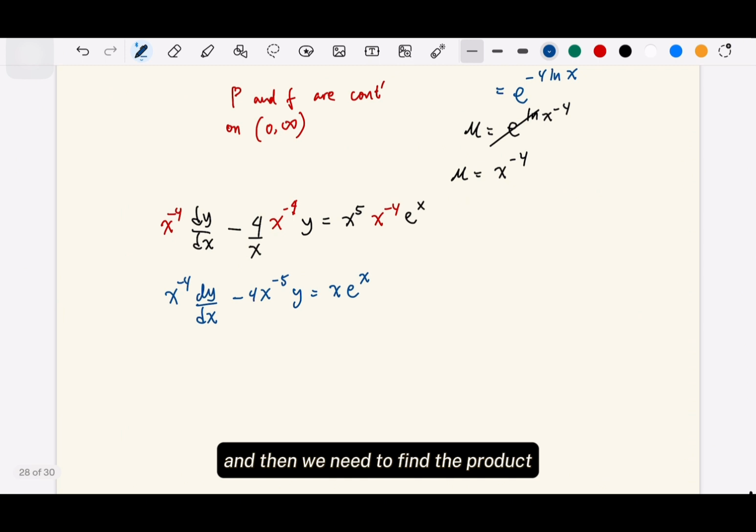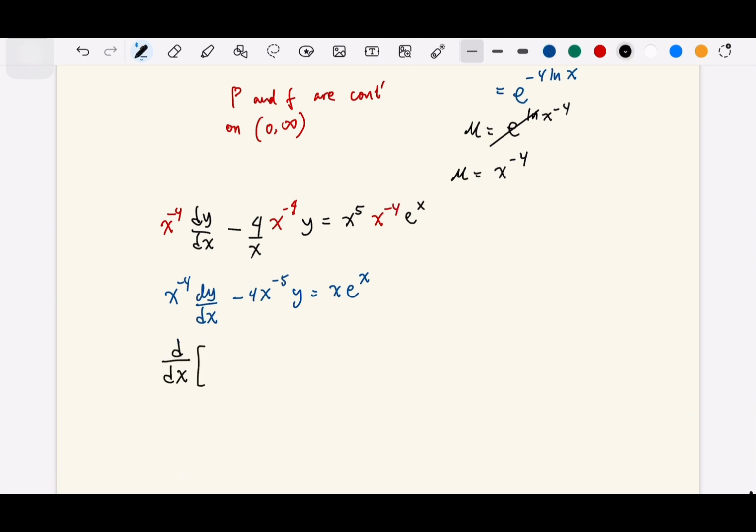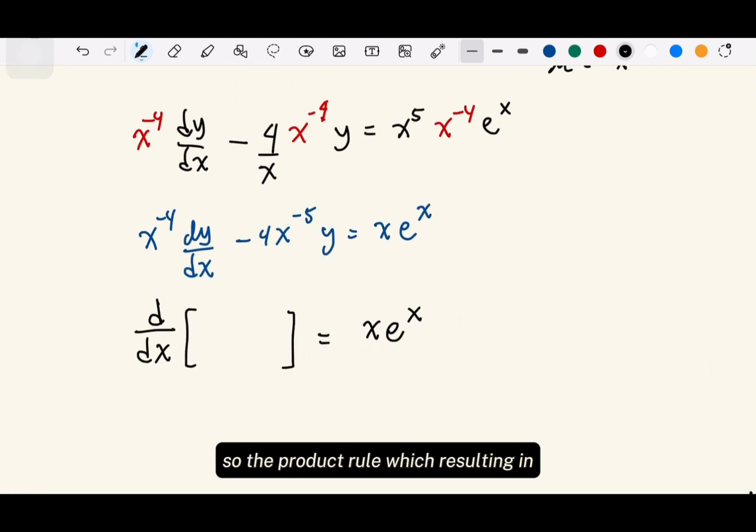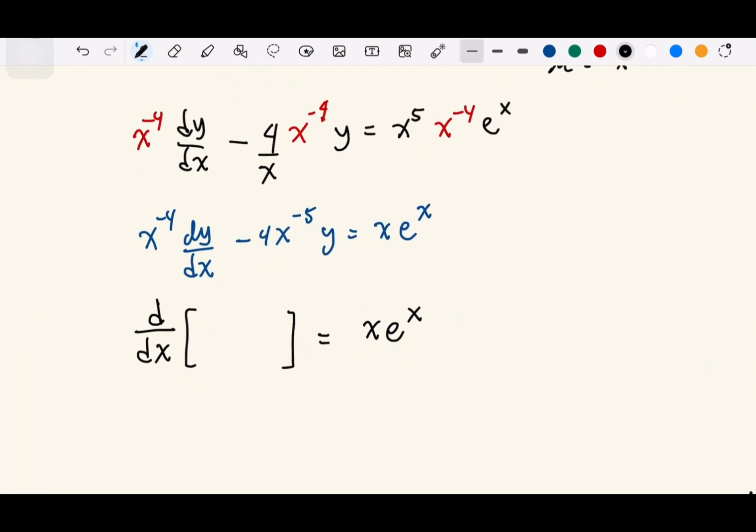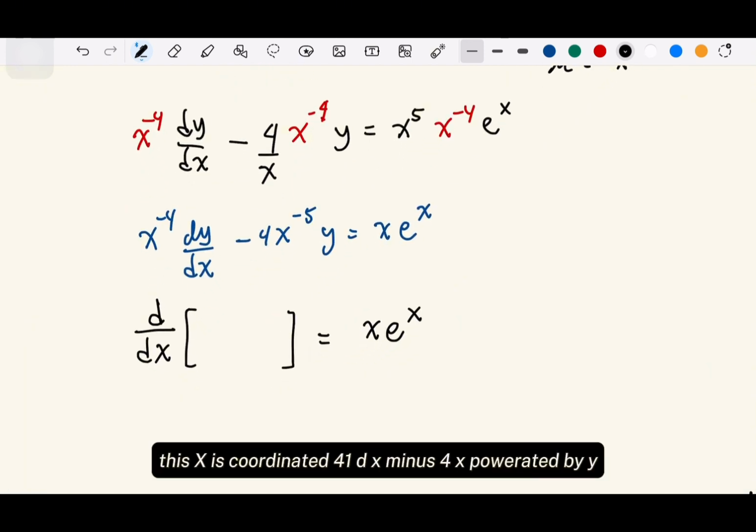And then we need to find the product rule. So the product rule, which results in this x with power negative 4 dy/dx minus 4x with power negative 5y.